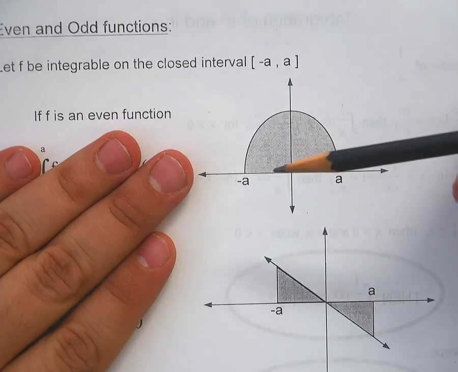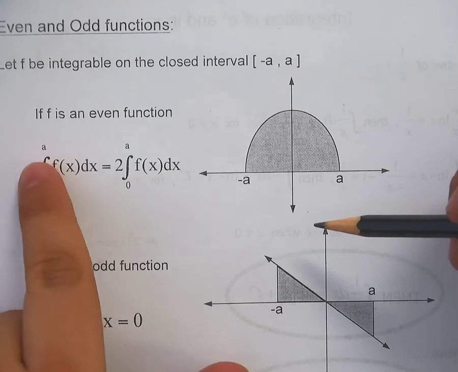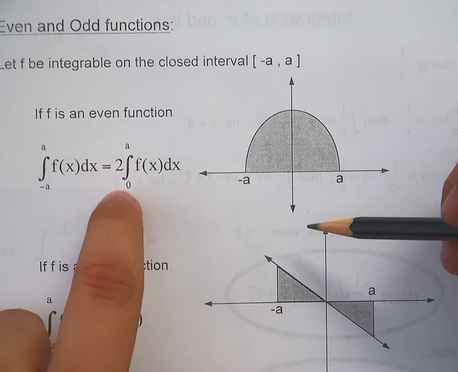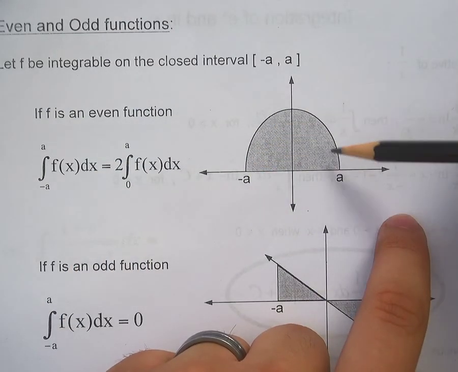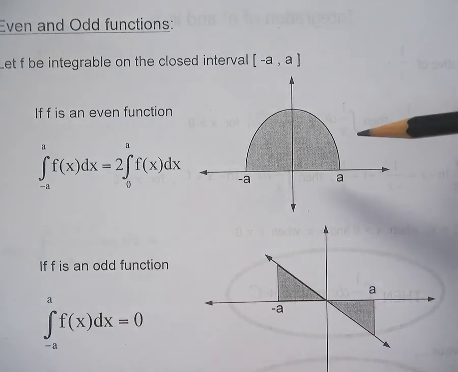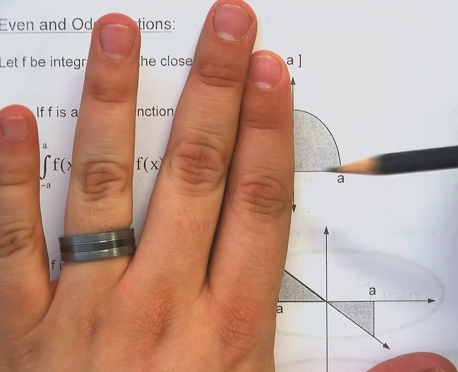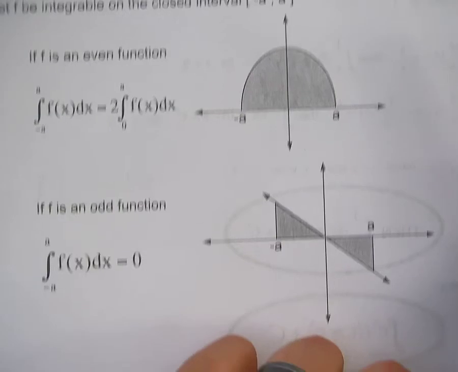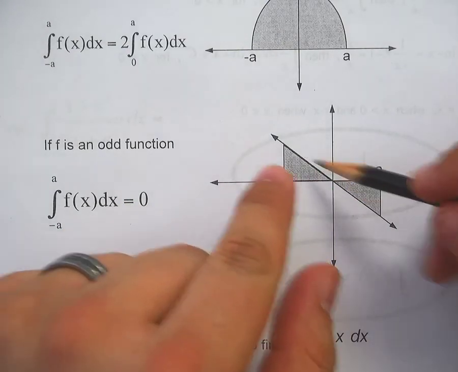If it's an even function, then what this is saying is that the integral from -a to a is the same thing as twice the integral from 0 to a. What they're saying is that the area of this entire thing, if it's even, should be the same as if I cut this in half and multiply this area by 2. If it's an odd function, then this side will be positive and this side will be negative.